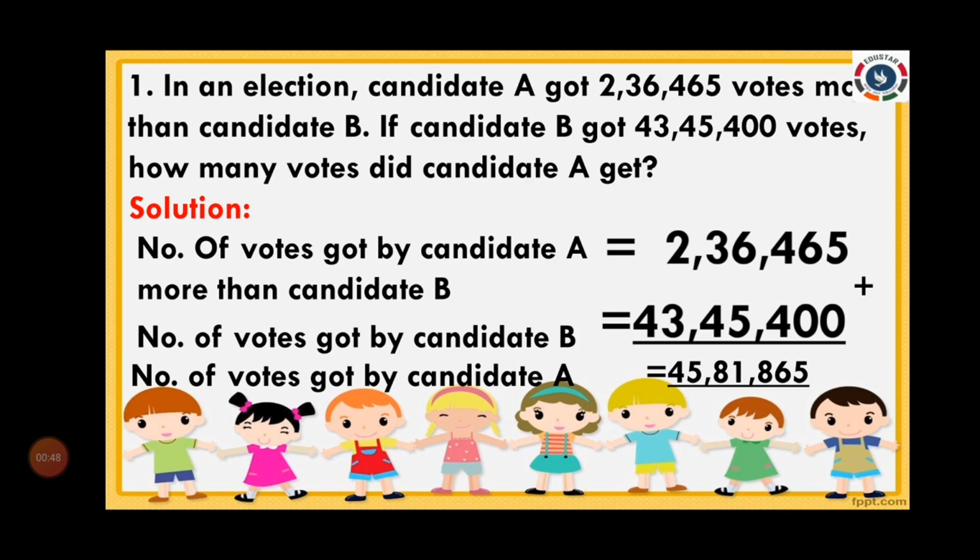Number of votes got by candidate A, that we are going to find now. So we want to add the two values. Finally we get 45,81,865. So the number of votes got by candidate A is 45,81,865. Already you know how to add the values. You are doing well, so I am not explaining now how to add the values.